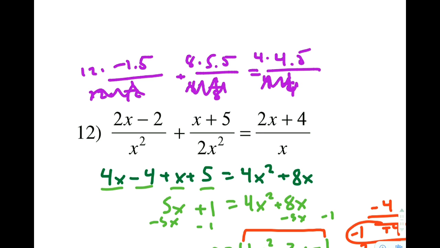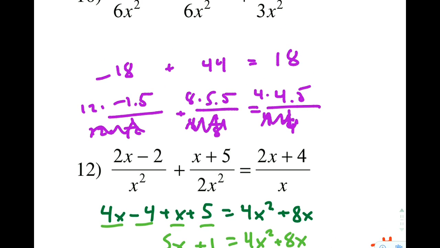On top, 12 times negative 1.5 is going to be negative 18. 8 times 5.5 is going to be 44, and these are things you can do in your calculator. You don't feel like you need to do these in your head. And 4 times 4.5 is going to be 18. So I have negative 18 plus 44, and if I solve that out, I'm going to be left with 26.